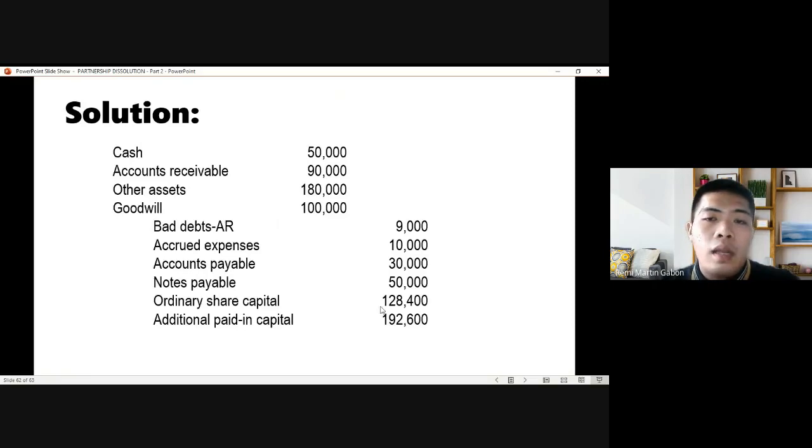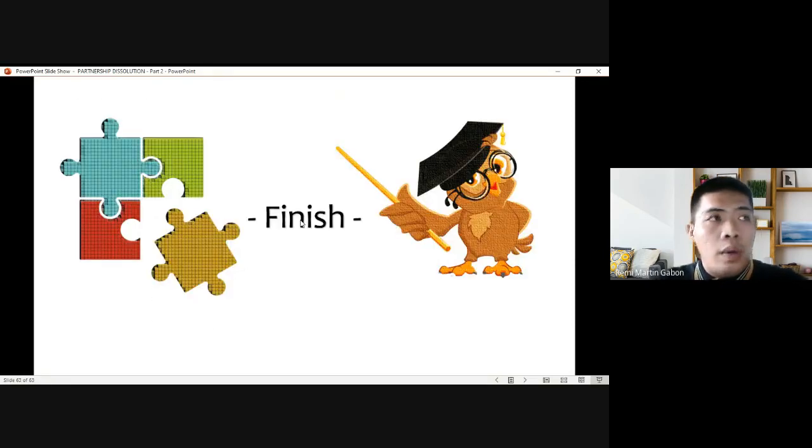Ordinary share capital at par value 128,400 and additional paid-in capital 192,600. Okay, so take note of the difference in the journal entries. So I guess that's it for our partnership dissolution. Tapos na ako sa part 1, tapos na rin ako sa part 2. So next is partnership liquidation. So stay tuned for our pre-recorded video lecture.